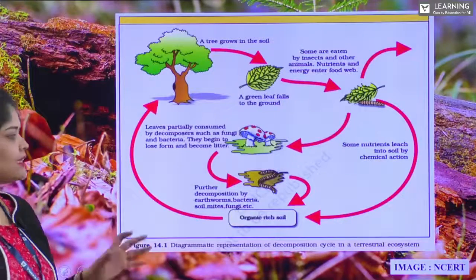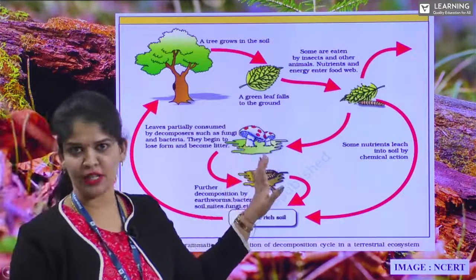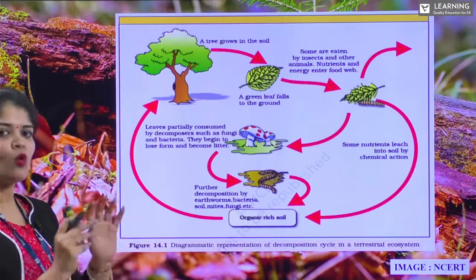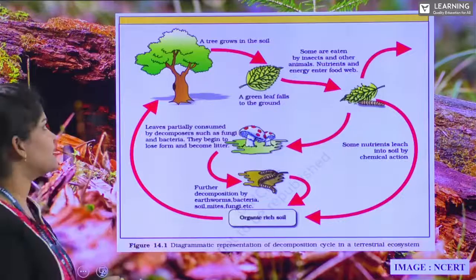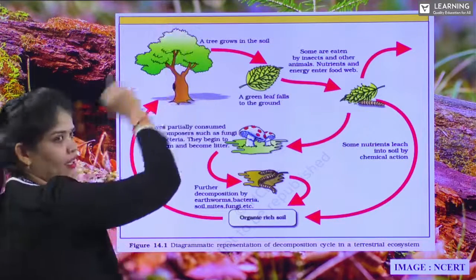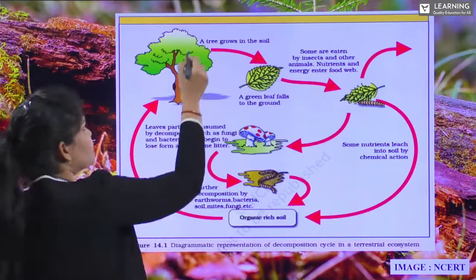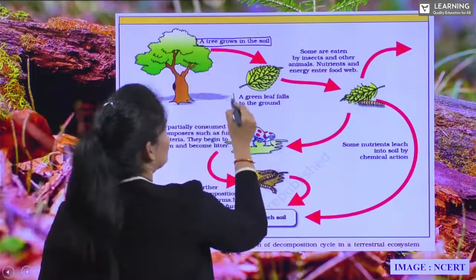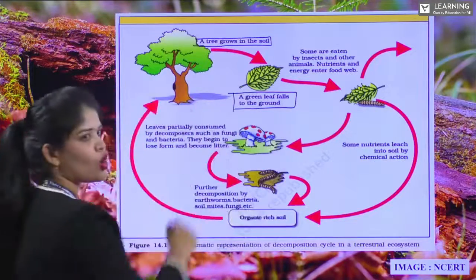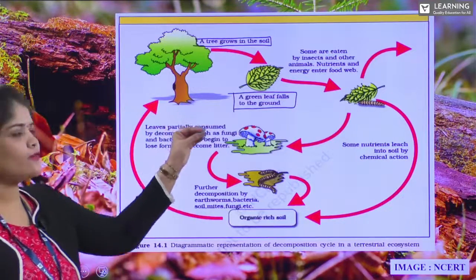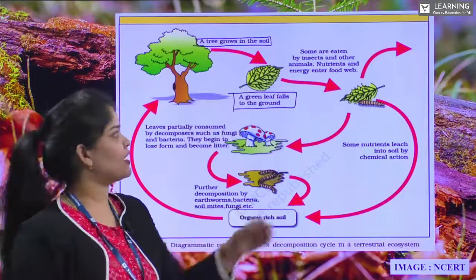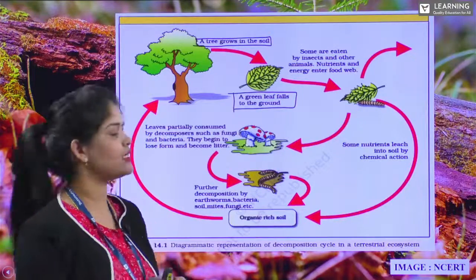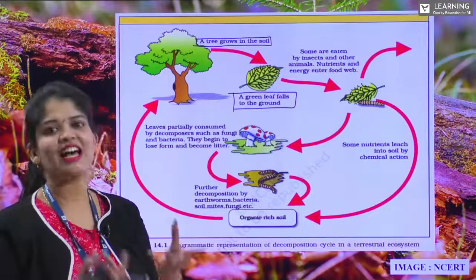So here, this is an image that has been directly taken from your NCERT textbook, which gives an overall representation of this decomposition. Here is a plant, a tree, right? Now, the tree is growing in the soil. And here, green leaves are falling on the ground. Once the green leaves fall on the ground, they may be taken up by the microbes, insects, birds, or what we call the herbivores.